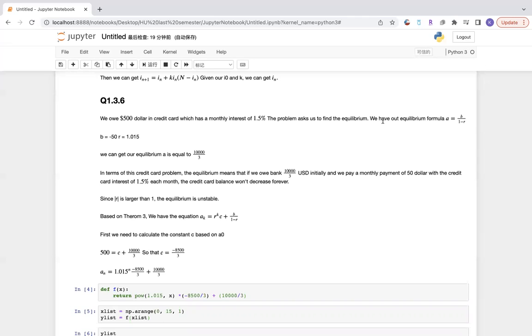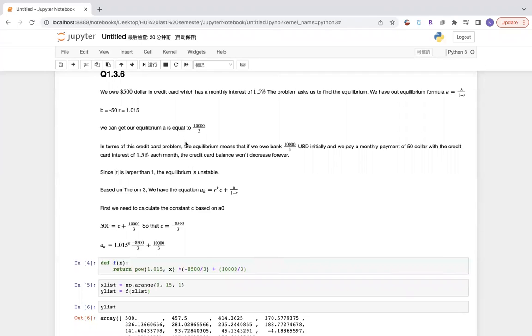So we can find the equation from the book, that is A equals B over 1 minus R. We can easily know that B, the amount we are going to pay each month, is $50. So B equals minus 50, and the interest rate is given. So we can get our equilibrium, A equals 10,000 over 3.